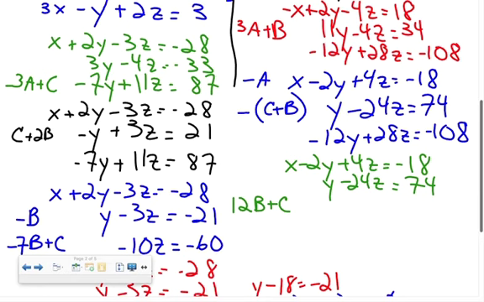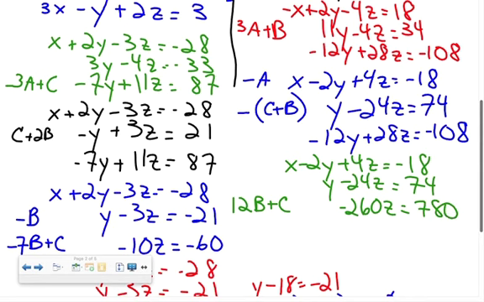When I take 12 times negative 24 and I add 28 to it, I get negative 260z equal to, okay, I'm taking that 74 now and multiplying it by 12, so 74 times 12, plus that negative 108, and I get 780.